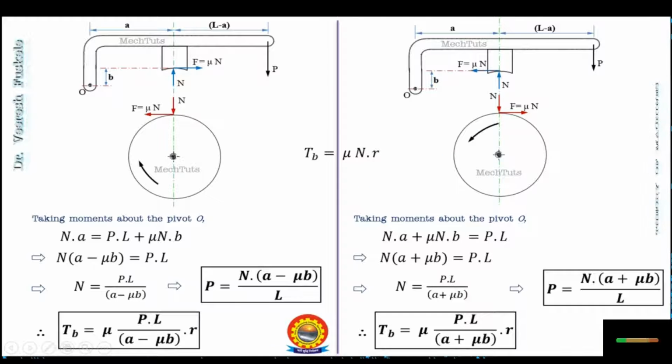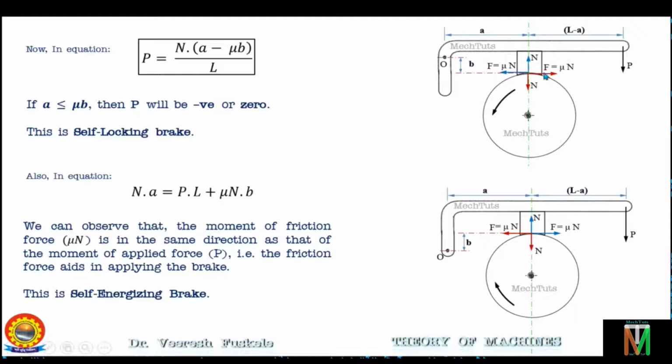Having derived all these equations, let's see the condition of self-locking brake. We have seen earlier that for this configuration and anti-clockwise rotation, we got this equation of applied force, and a similar equation for this configuration in clockwise rotation.